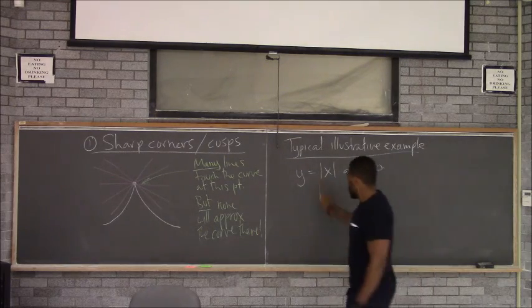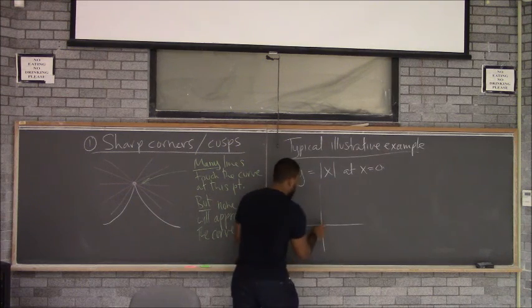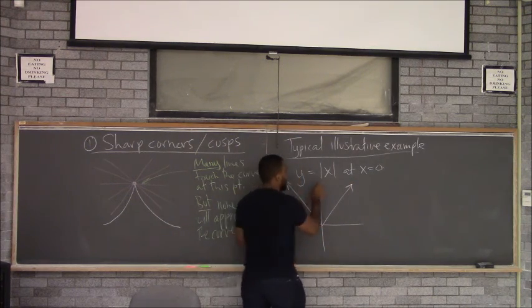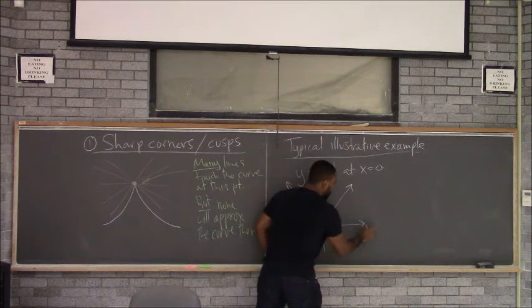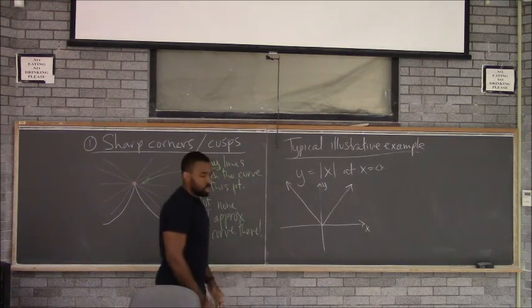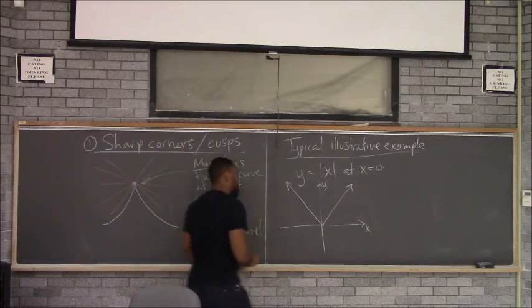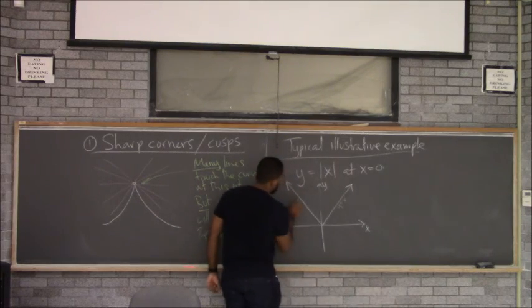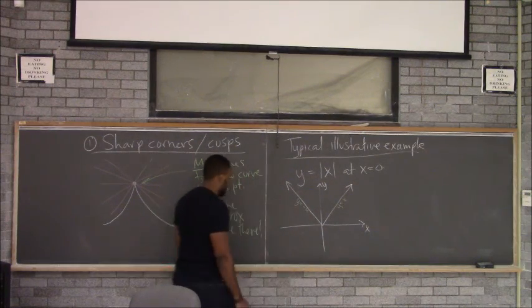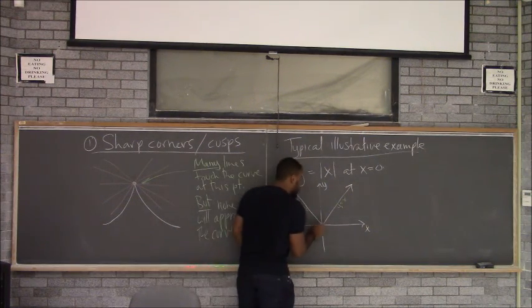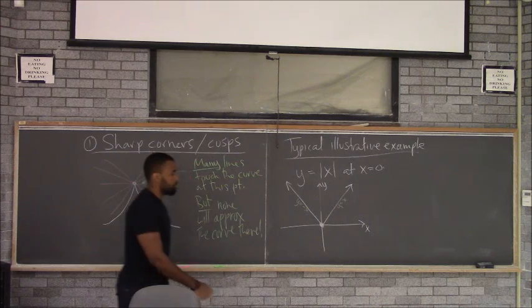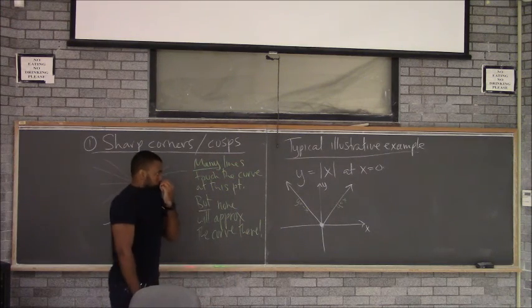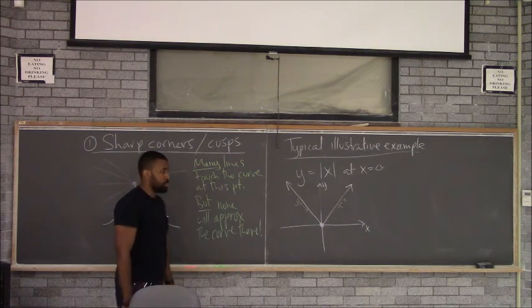So you might remember what that looks like. That's a V-shaped thing. The equation on this side is going to be y equals x, and the equation on that side is going to be y equals minus x. And the function equals 0 at x equals 0. This gives us the absolute value function.